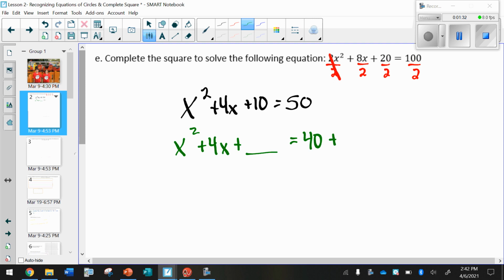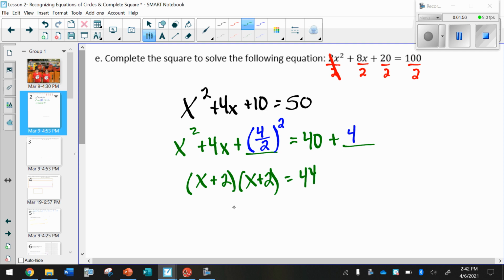And I've got to remember to add my new number, which would be b divided by 2, and then squared. 4 divided by 2 is 2. 2 squared is 4. So then this will factor into x plus 2, x plus 2, which is x plus 2 squared.